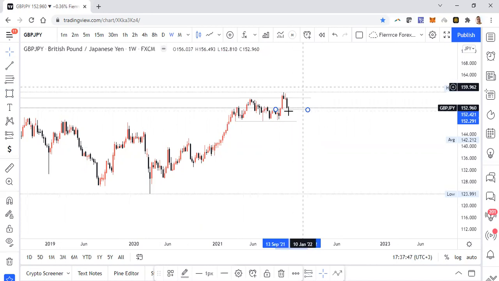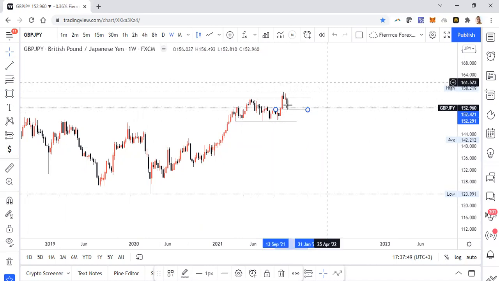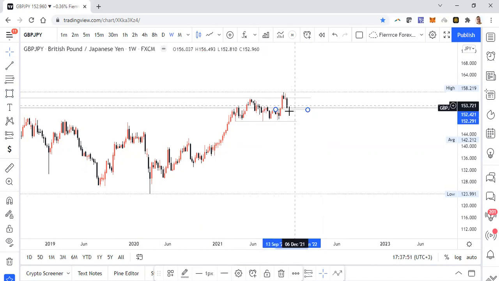And I'm anticipating that we're going to bounce off this level and continue to the upside or reject the push down. Now, if that doesn't happen this week, in terms of the rejection and you just drop, I mean, I'm for the bounce up.